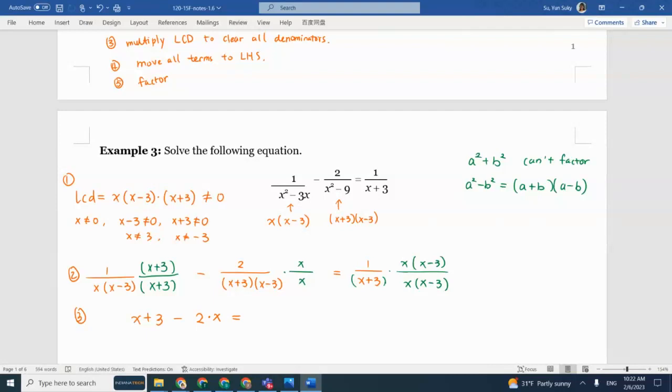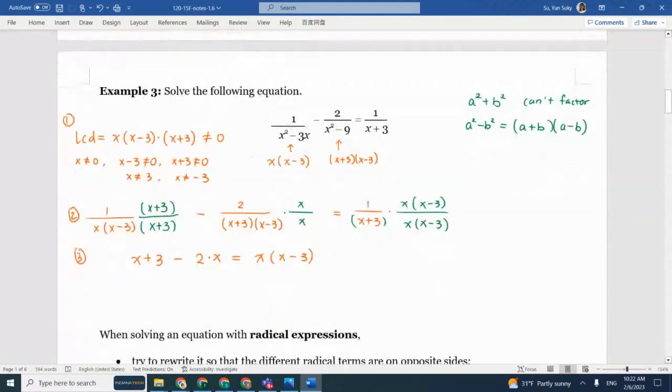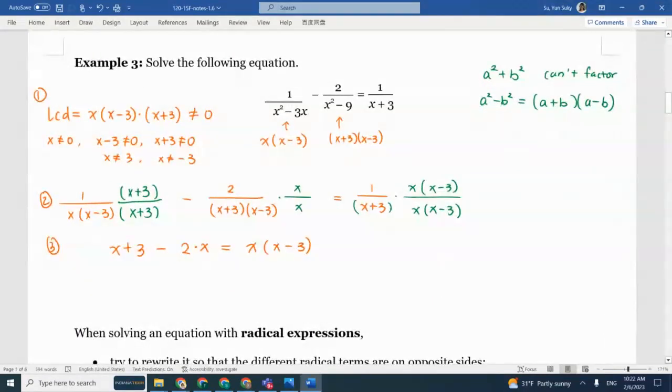Right, everybody? x plus 3 minus 2 times x equals x times x minus 3. We get rid of the denominators. Okay, now we get a polynomial equation. Let's solve it.